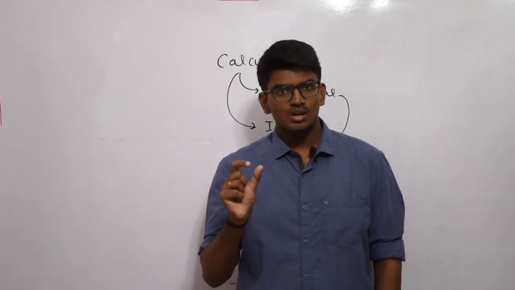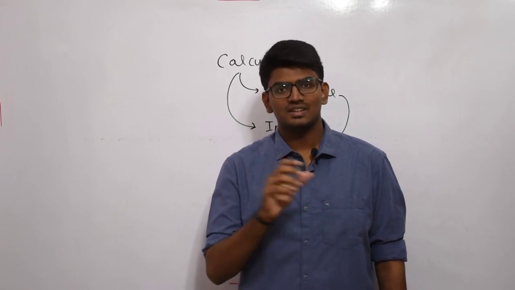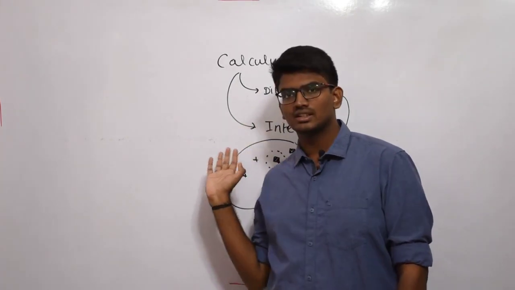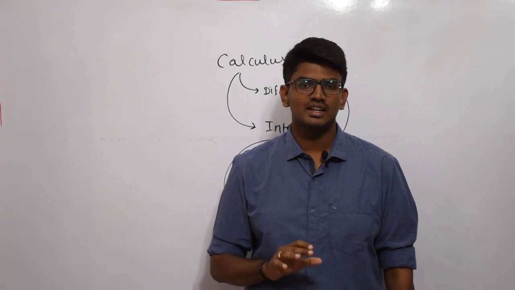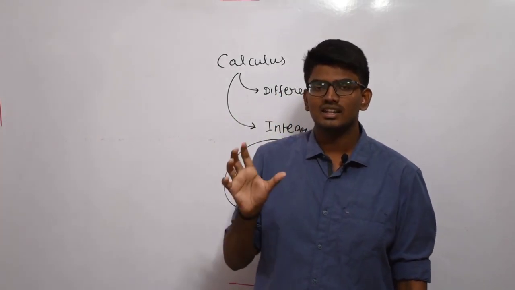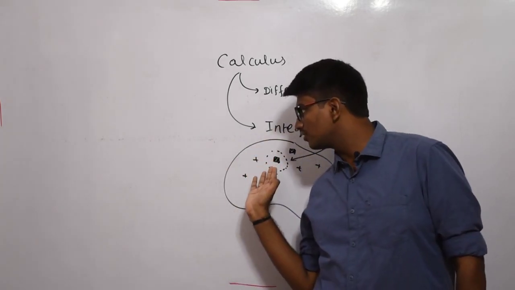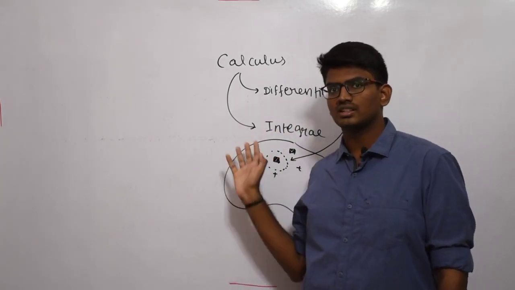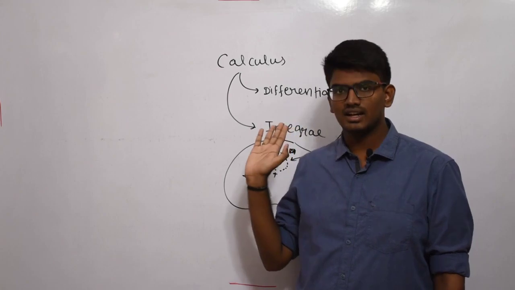So taking a small piece of some object, analyzing it and understanding it is differential calculus. After that, you find it for the complete object, and that procedure is called integration.